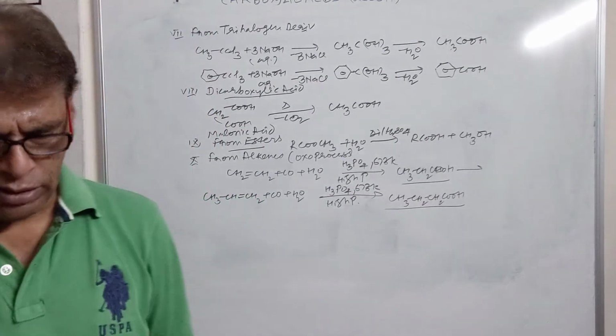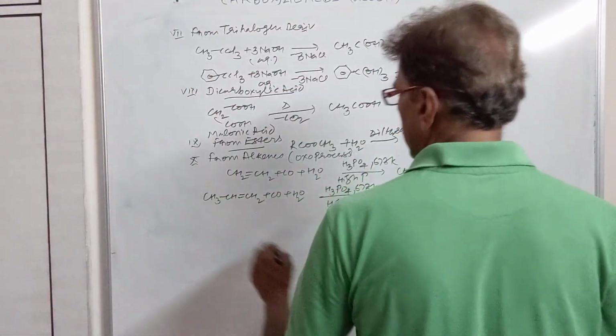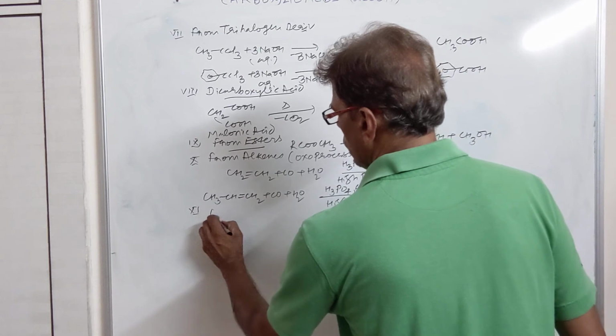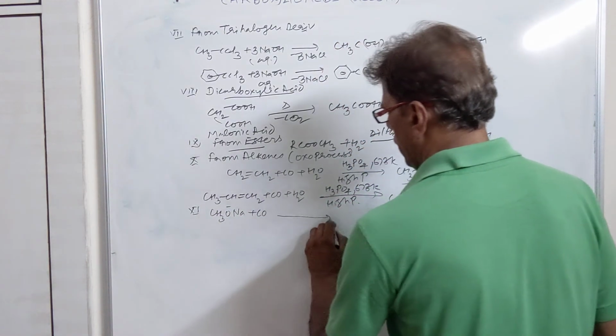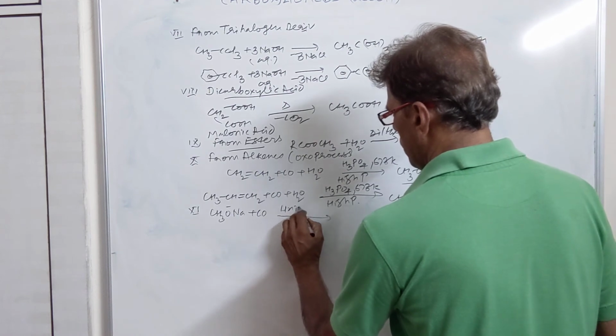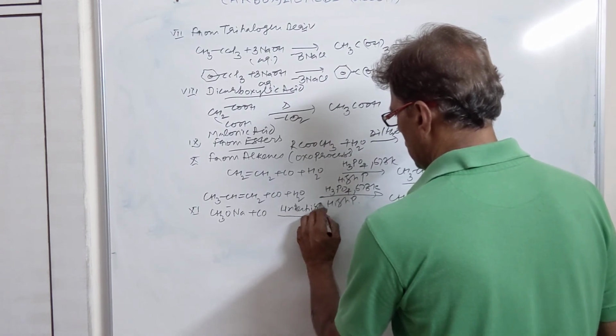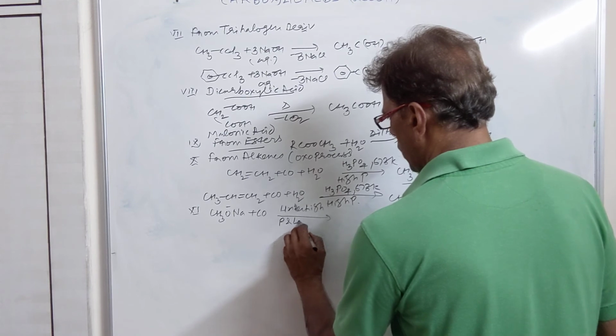Then we have the last method from sodium alkoxide. Sodium alkoxide, this is sodium ethoxide, treated with carbon monoxide under high pressure and low temperature.